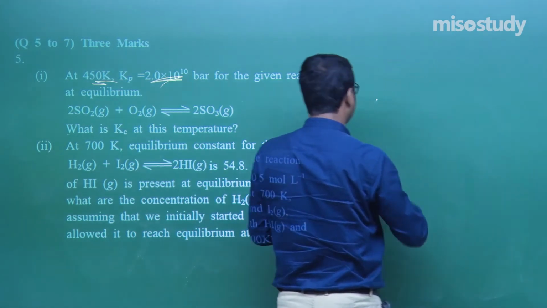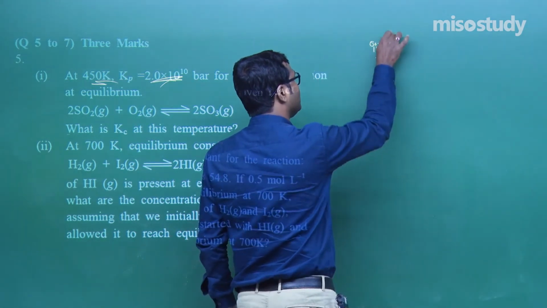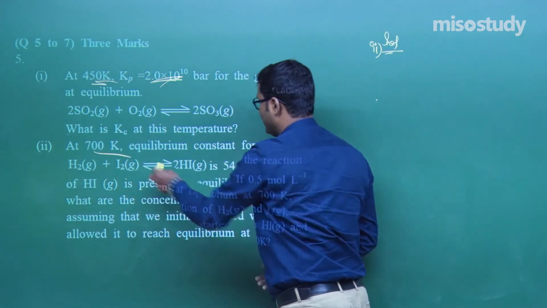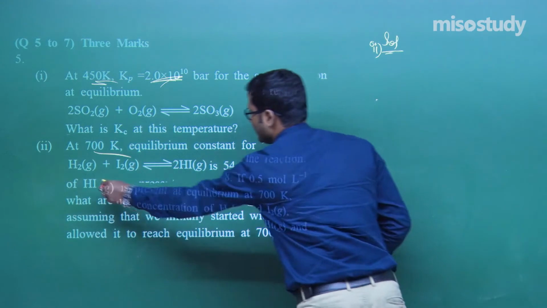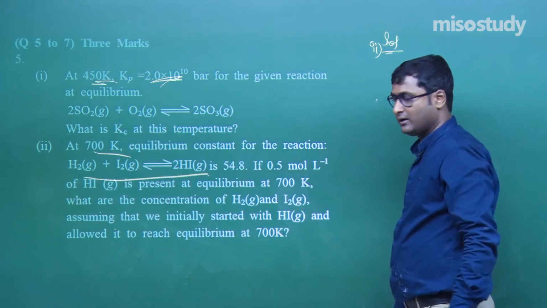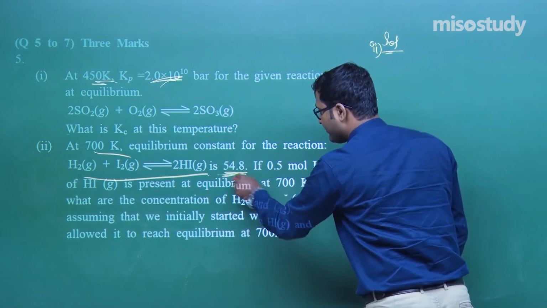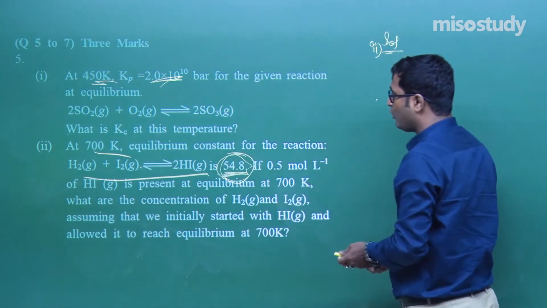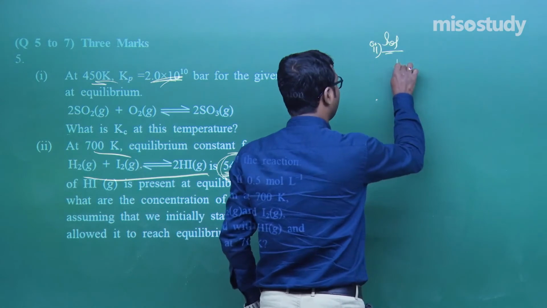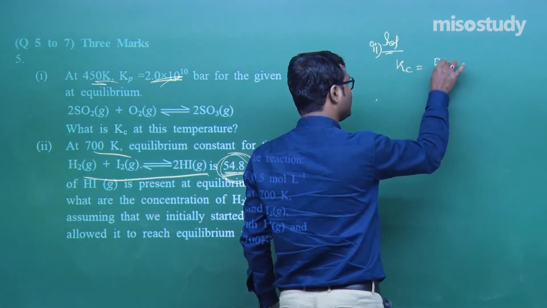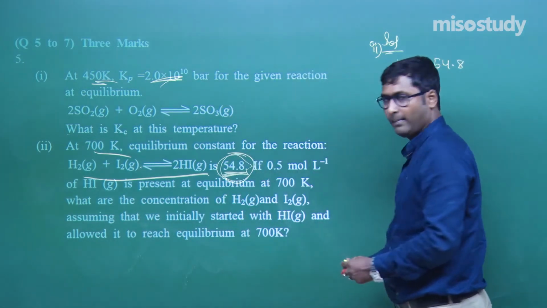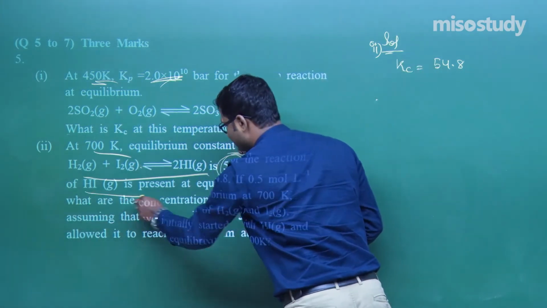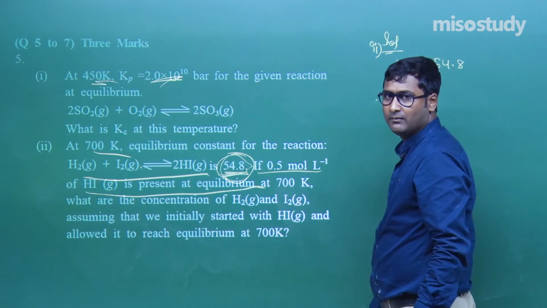Now, what is the second part of the question? Read the question first of all. At 700 Kelvin, the equilibrium constant for the reaction is 54.8. So we have the value of the equilibrium constant, 54.8. Now, 0.5 mole per liter of HI is present at equilibrium.